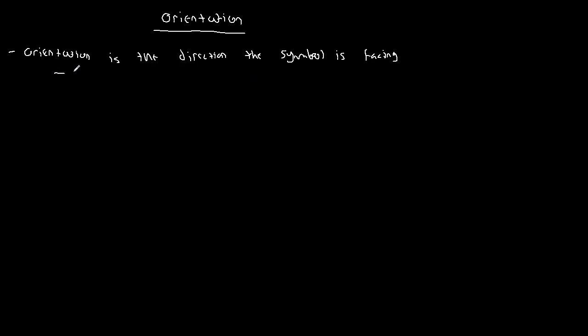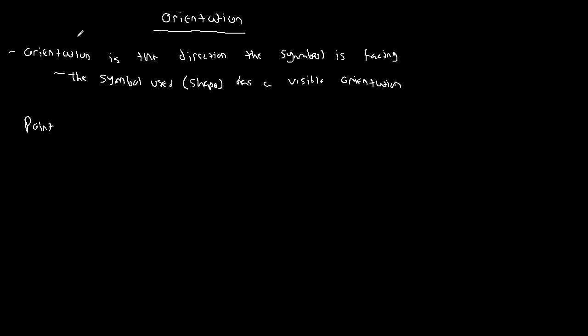The prerequisite is that the symbol used, and we'll talk for a second about shape, has a visible orientation. So therefore things like a true circle are not going to work well here. Squares work okay, but something like an arrow works best. So I'm going to use arrows for points.